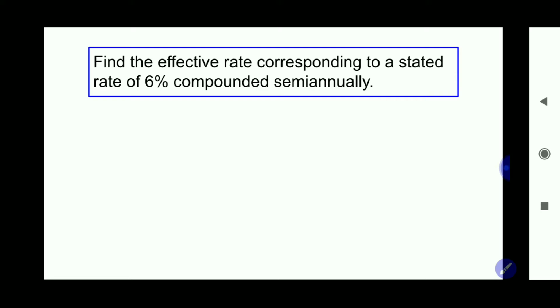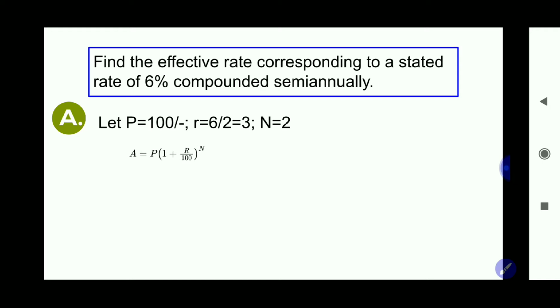That is effective rate. How to calculate it? Very easy. Let principal be 100 rupees. Rate is given as 6% per annum. So semi-annually, that means half yearly, it becomes 6 by 2. So it is 3. Per year, the interest is calculated 2 times. So n is equal to 2.